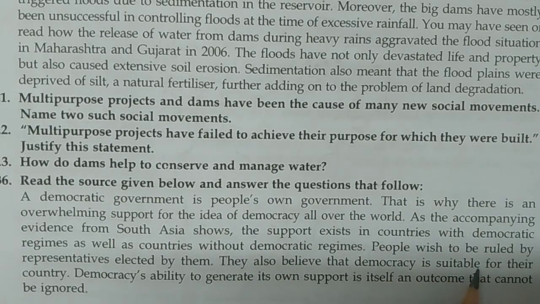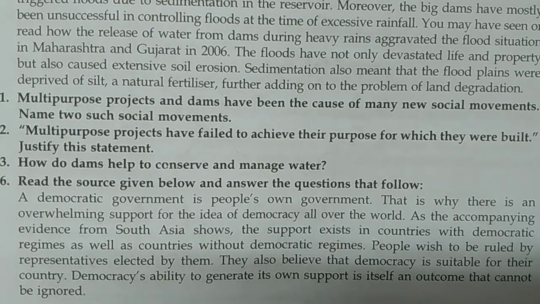People wish to be ruled by representatives elected by them. They also believe that democracy is suitable for their country. Democracy's ability to generate its own support is itself an outcome that cannot be ignored.